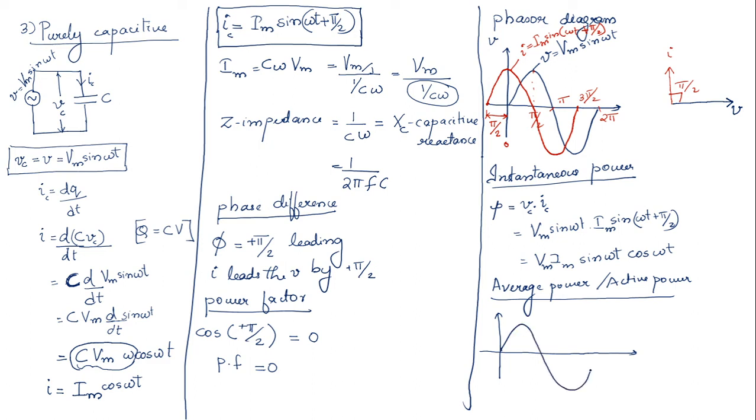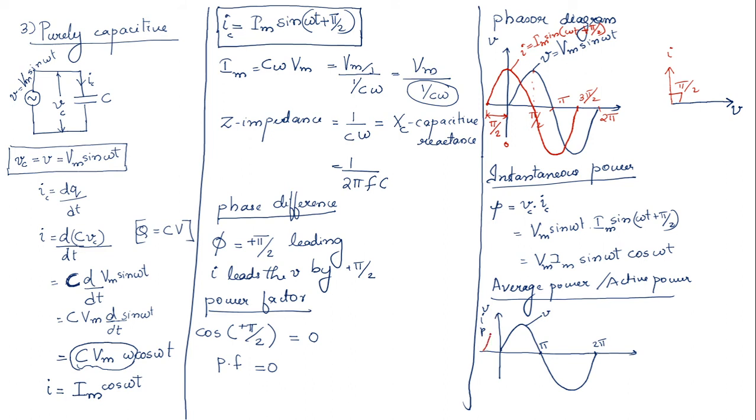We have to multiply the voltage curve and the current curve. So first I'm going to mark the voltage curve. Here you can see this is the voltage curve, and this is pi and this much is 2 pi. Next I'm going to mark the current, and at last we will mark the power. I'll show you how we can mark the current waveform just as we did in the previous phasor diagram.